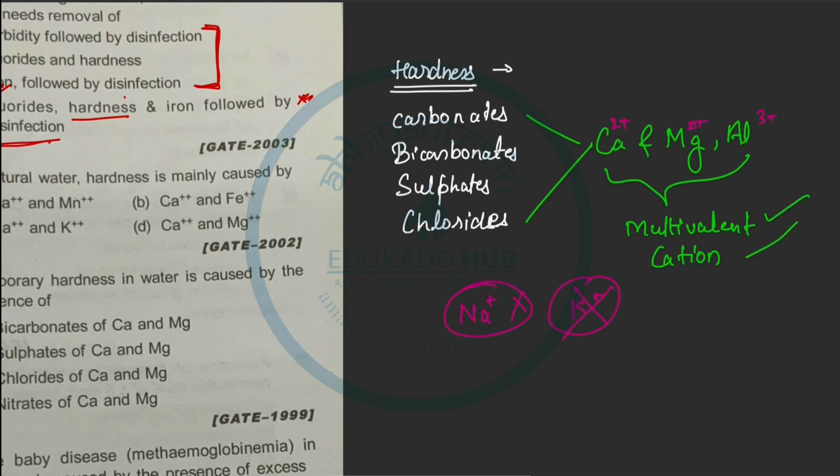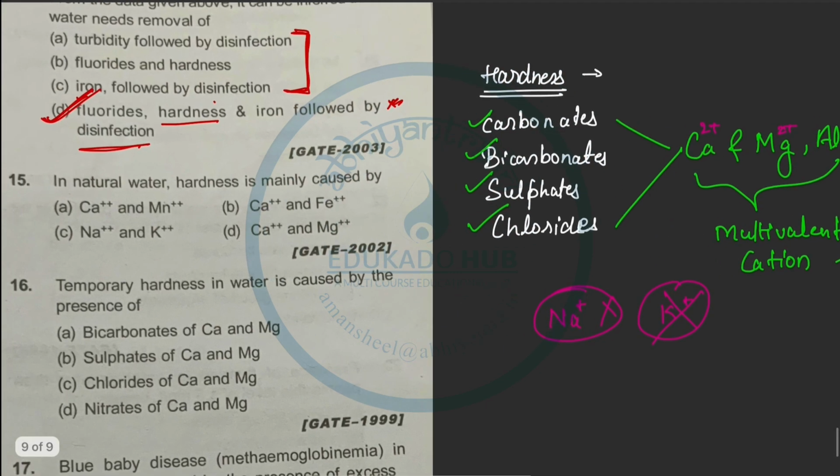And also they are carbonates, bicarbonates, sulfates and chlorides only. And so in natural water hardness is mainly caused by, we have the option calcium and magnesium. Mainly means generally it is caused by calcium and magnesium, so option number D.